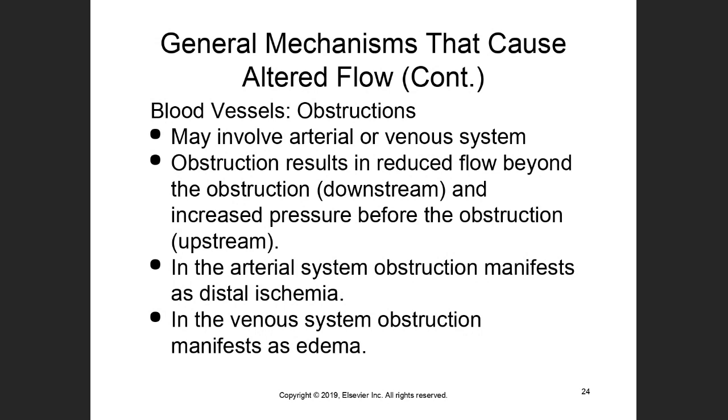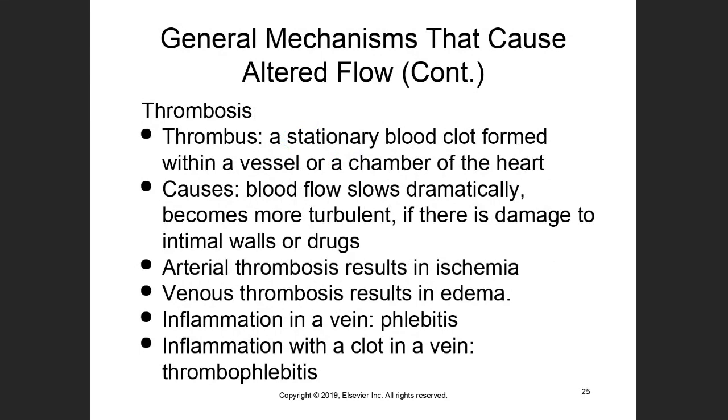The temperature increases. Now if you have a problem in the artery, that means you have obstruction of the artery, so you can't deliver the blood to the tissue. If you can't deliver the blood to the tissue, the extremity is going to become pale and cold. That's how you differentiate one from the other.